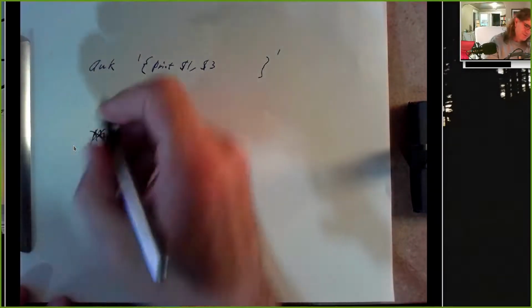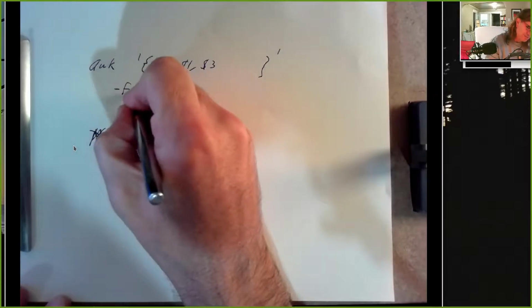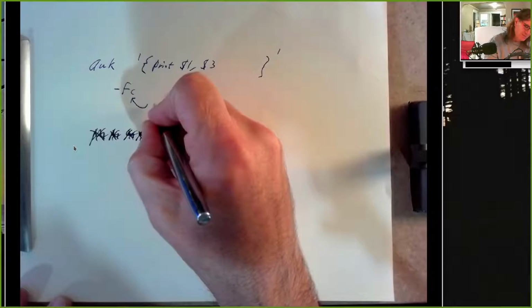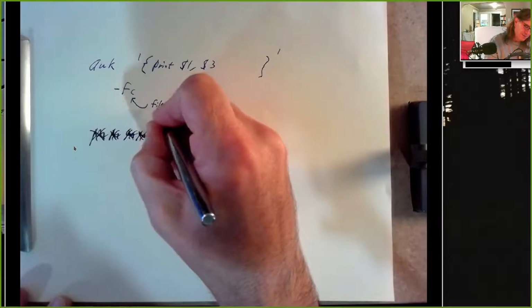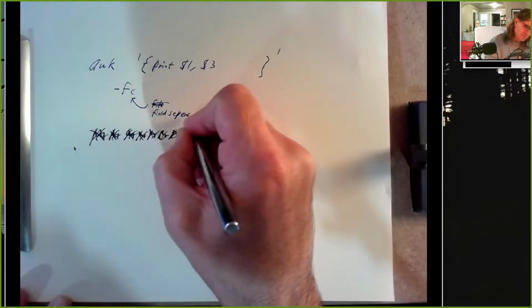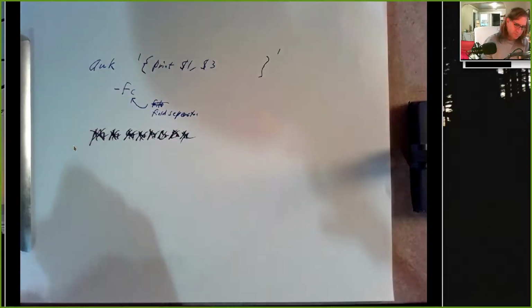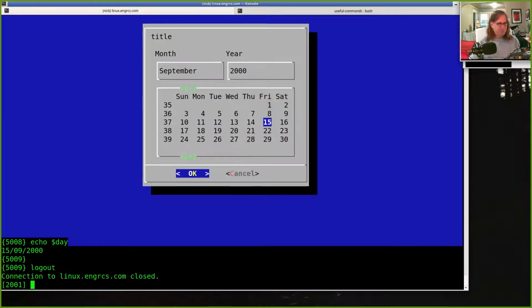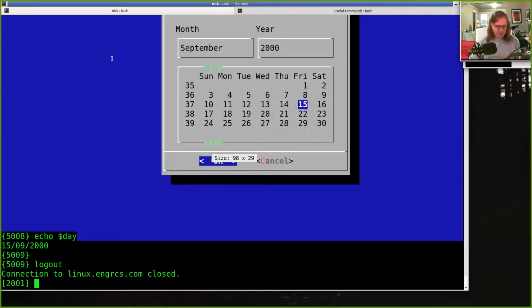And if you're not separating by spaces, you can say dash uppercase F and then specify what the field separator is. So let me just give you a quick example or two of that.